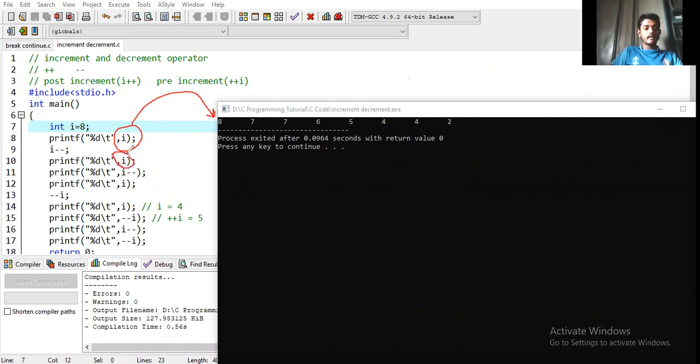This I, because after this I-- is happening, so 8 minus 1, that is 7. That's why 7 is printed here. Then I--, that means 7 will be printed first, then it will be decremented by 1. And you can see it is decremented by 1, that is 6.